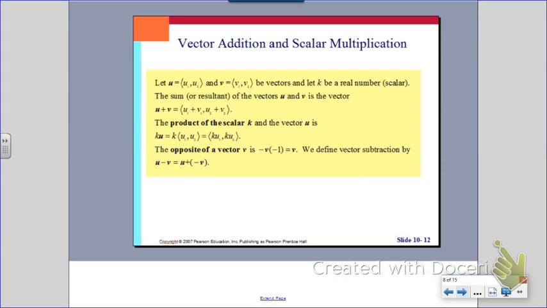Vector addition and multiplication. I showed you earlier multiplying a number inside a vector. You can also add two vectors together. We don't usually subtract vectors. We take the opposite of the vector, so we define subtraction by adding the opposite vector. That's just by definition.